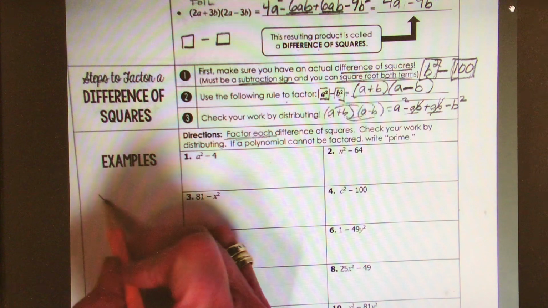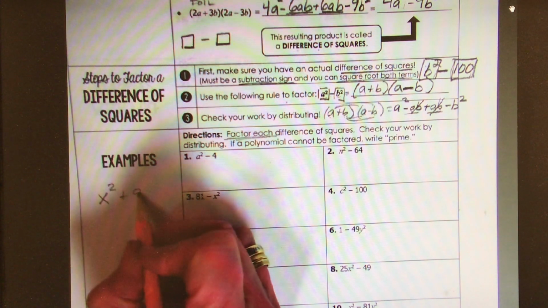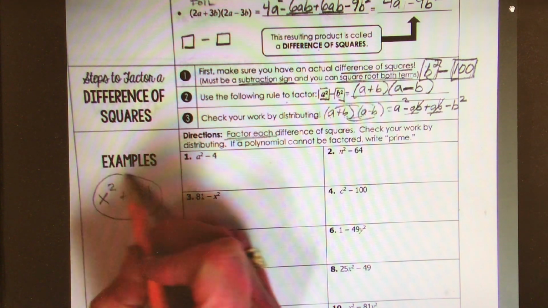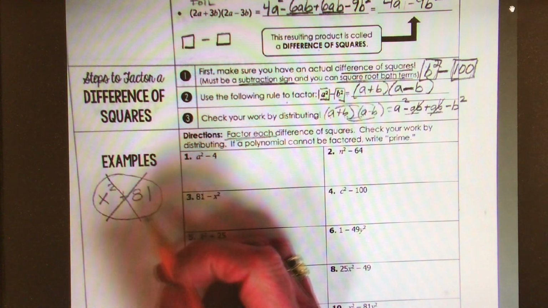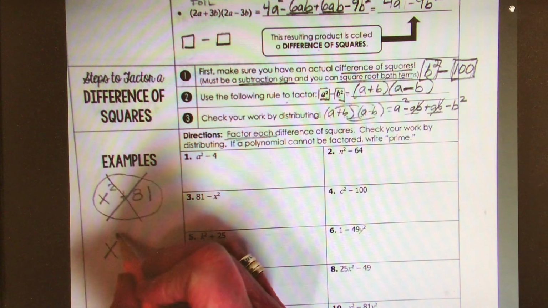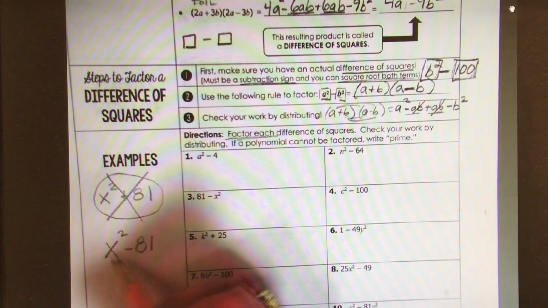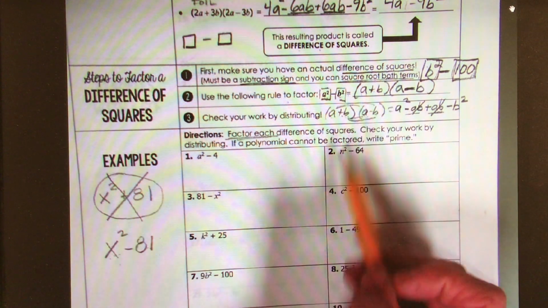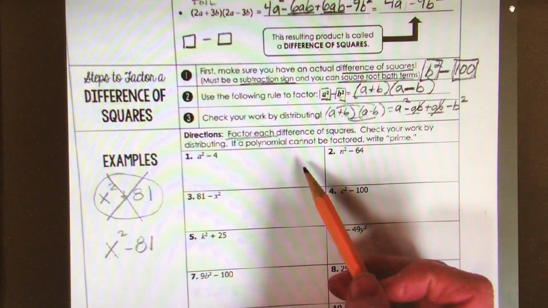For example, if you have x squared plus 81, you cannot use this method, the difference of squares, because it's not a difference of squares. If I take x squared minus 81 though, well, I think of these are both square numbers, so I can take the square roots of them. And then I can do the plus minus thing, right? Okay, so let's go ahead and start proving it.